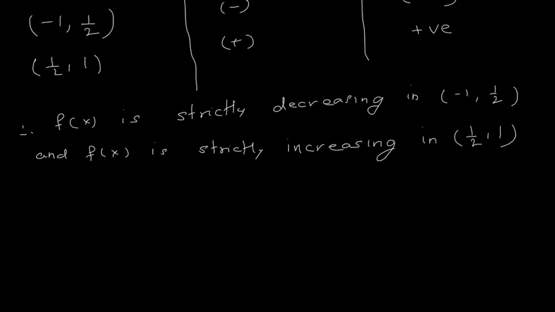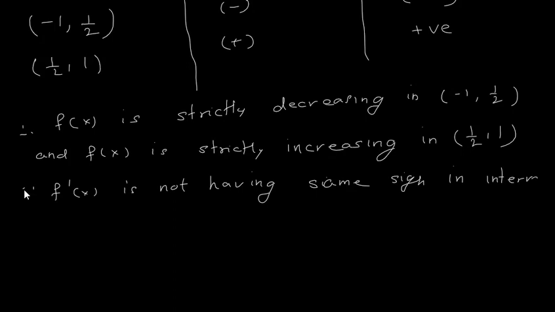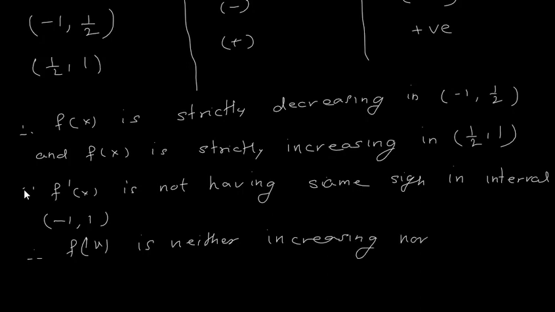So I will say that since f dash x does not have the same sign in the interval minus 1 to plus 1, therefore f(x) is neither increasing nor decreasing in -1 to +1.